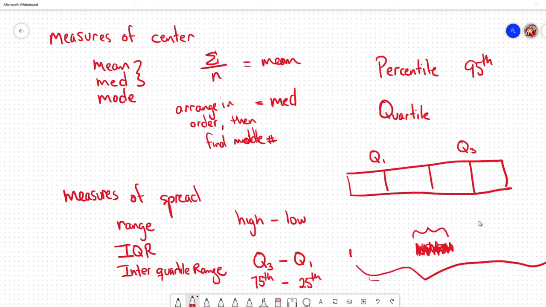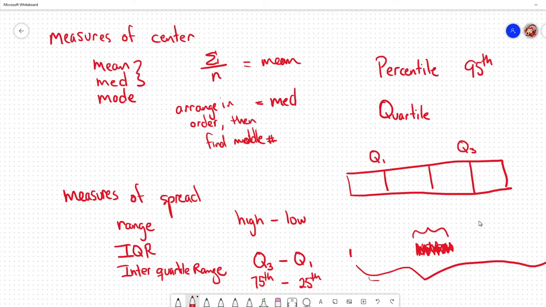Like with measures of center, just because I get the mean does not tell me the whole picture. The mean and the median together start to clear up a picture. If they're the same number, I start to get a picture of what this distribution might look like. It might be symmetrical, maybe a bell curve, but at least I know it's symmetrical. There's just as much on one end as there is on the other.